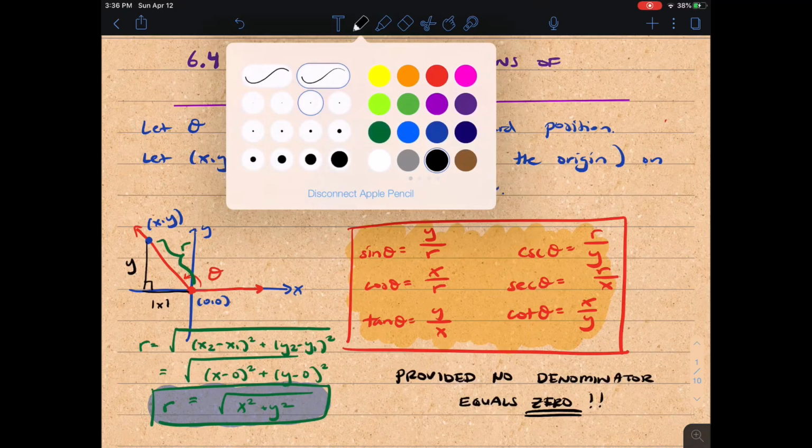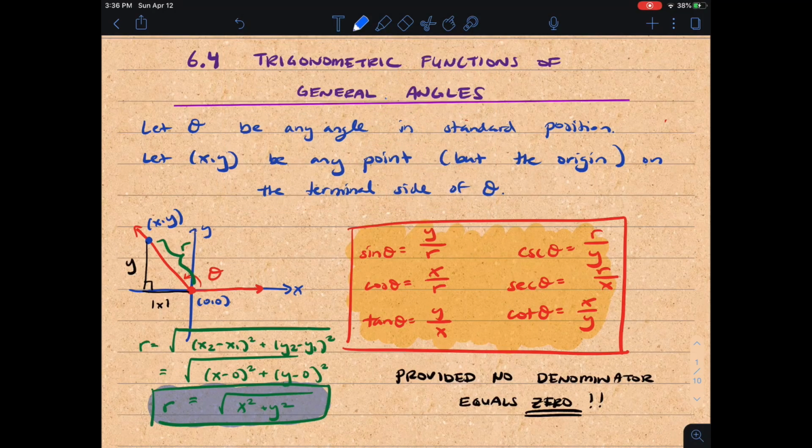Now, if you were to look at this angle right here, this acute angle that the terminal side of the angle theta makes with the x-axis, if I were to find sine of that angle, and I did SOHCAHTOA, do you notice how sine of this angle right here would be opposite over hypotenuse, y over r? You notice I got that here? If I want to find cosine of theta, cosine of this angle here would just be adjacent over hypotenuse, which is absolute value of x over r.